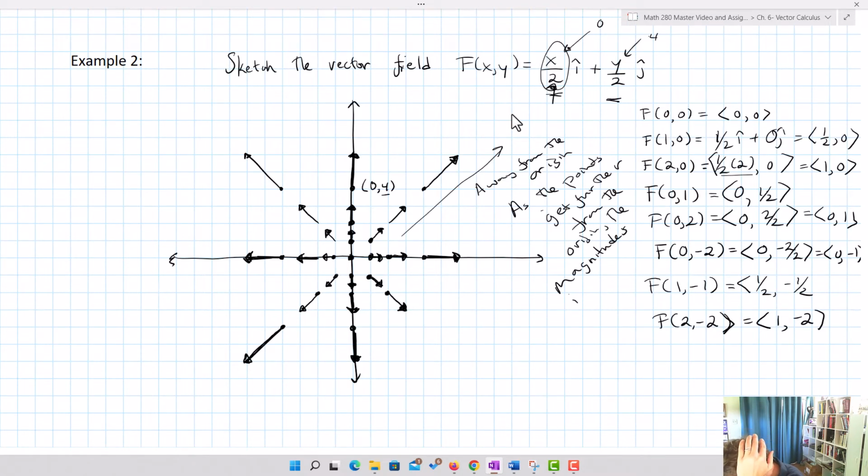So that's essentially what's happening there. As our points get further away from the origin, the direction vectors go away from the origin. They're all moving away from the origin, and their magnitudes, in fact, increase.